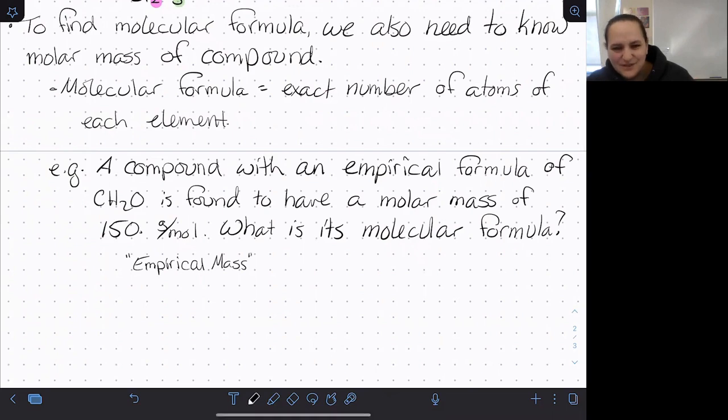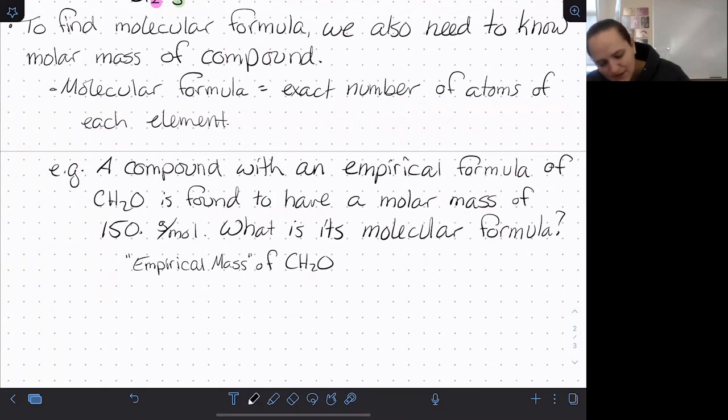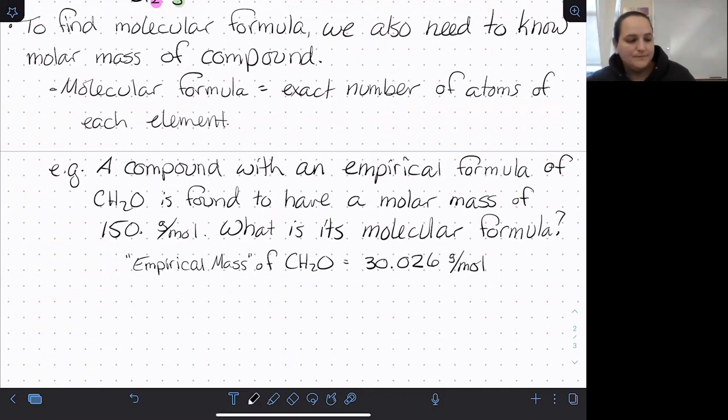Again, not really an official term, just the mass of the empirical formula. Our empirical formula being CH2O in this case would be the mass of carbon plus 2 hydrogens plus oxygen, which gets us a total of 30.026 grams per mole.